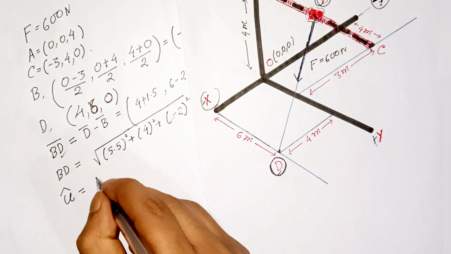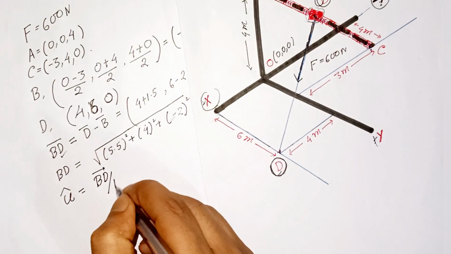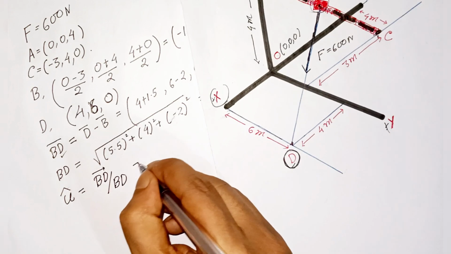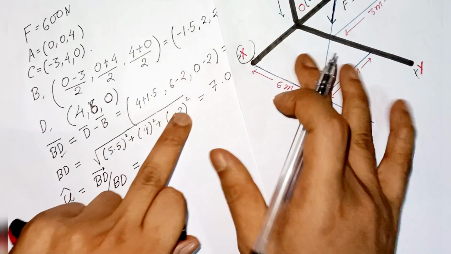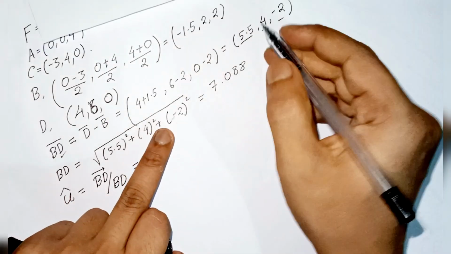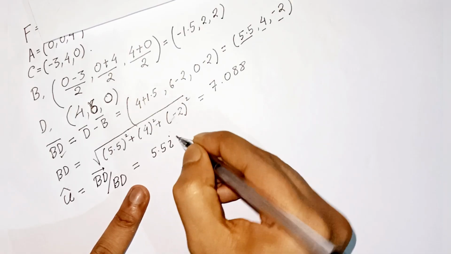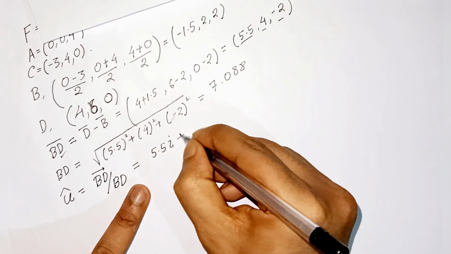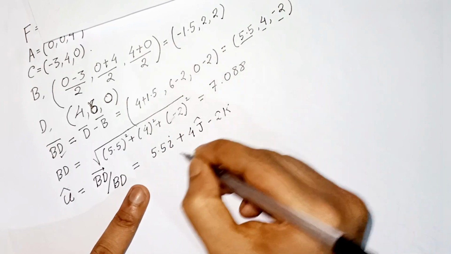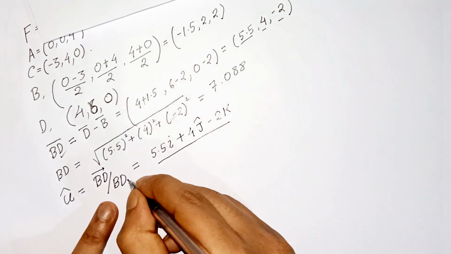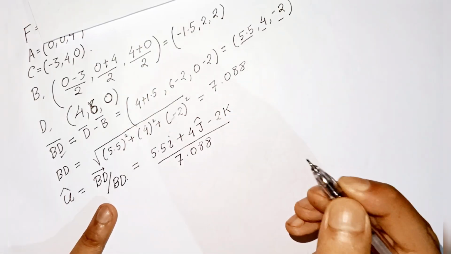Now find the unit vector and drop that answer in the comment section like a pro. We know that unit vector equals position vector divided by length. What is the position vector? 5.5 I plus 4 J minus 2 K cap. You can write it by coordinates, whatever you want, but don't make any trouble.